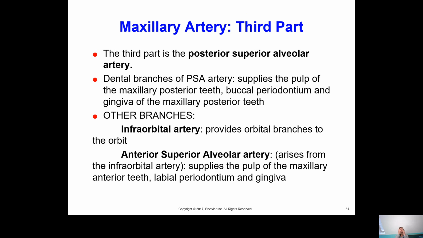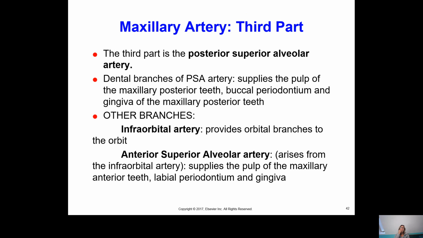If you remember when we looked at the skulls last week, the posterior superior alveolar is going to anesthetize the posterior teeth. So it's going to anesthetize these teeth.